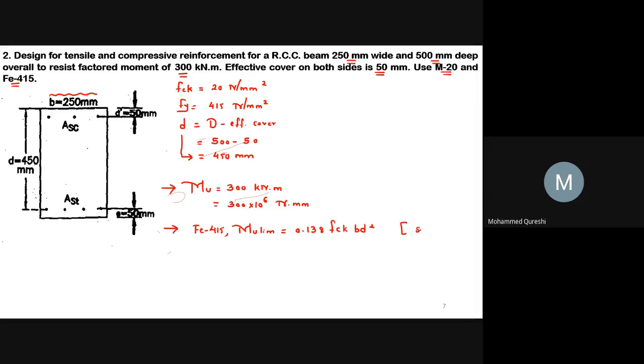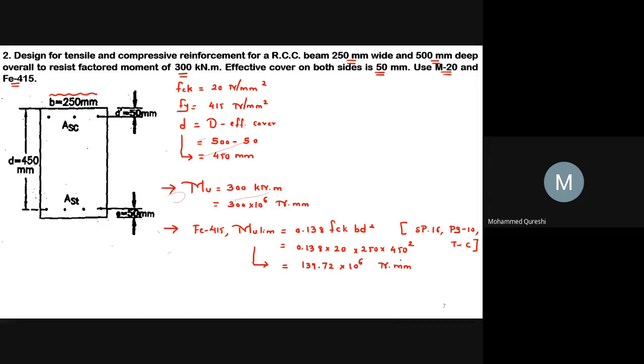This equation is given in SP16, page number 10, and table number C. So after putting the values of FCK as 20, value of B as 250, and value of small d, that is effective depth, as 450, we will get the value of Mu limit as 139.72 into 10 raised to 6 Newton mm.